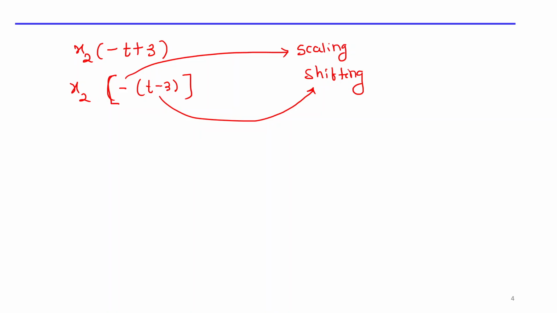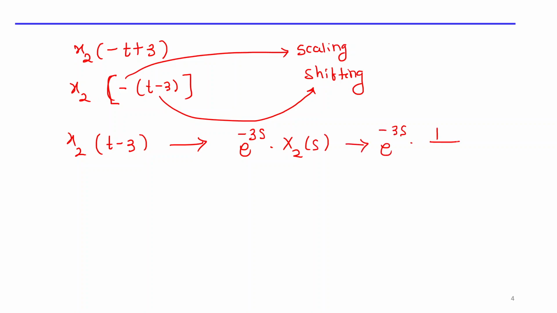Forget about the scaling factor for now. First of all, the Laplace transformation of x2(t minus 3) will be e to the power minus 3s into x2(s). From the last slide, x2(s) is 1 by s plus 3, so it is e to the power minus 3s into 1 by s plus 3.